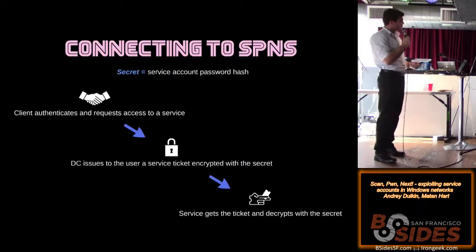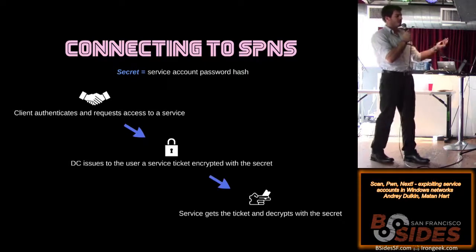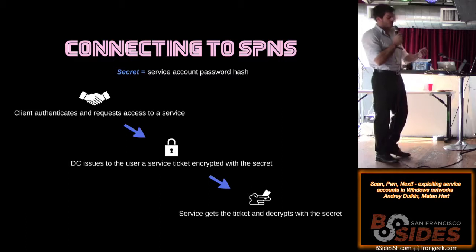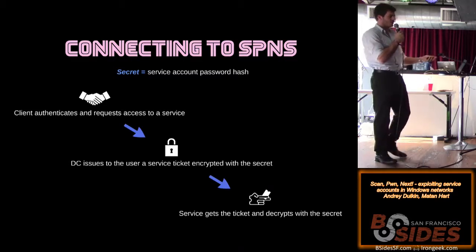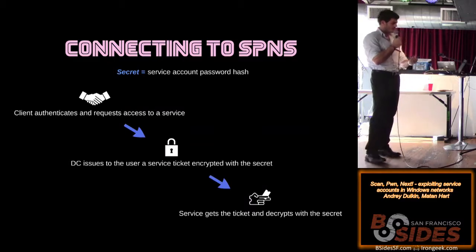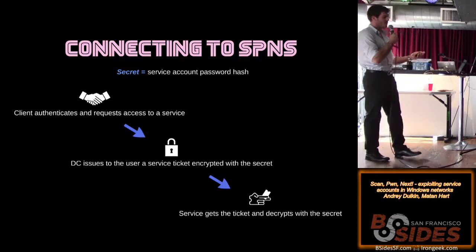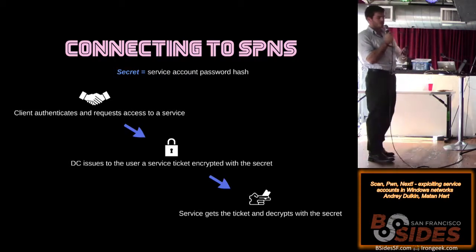So how does it work? The client authenticates to the domain and requests access to a service, right? So the domain controller will issue a ticket or TGS for that service, which will be signed and encrypted using a secret which is only known by the domain controller and the service.